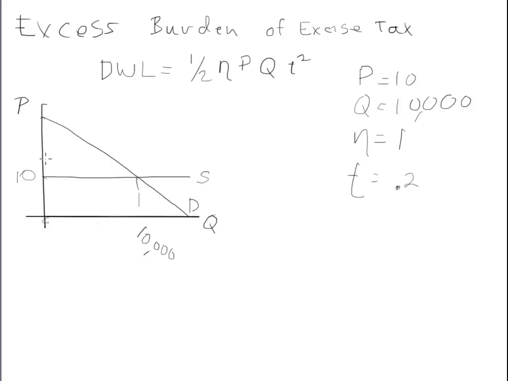There's our quantity. We now put on the tax, supply plus the tax. Well, with a 20% tax, what should that do? That should raise our price 20% more than $10. Well, 20% of $10 is $2. $10 plus $2 is what, $12?